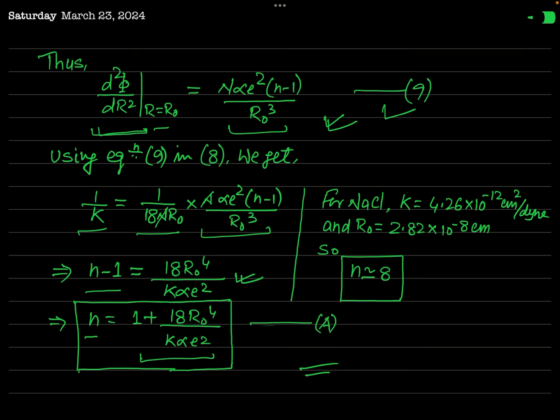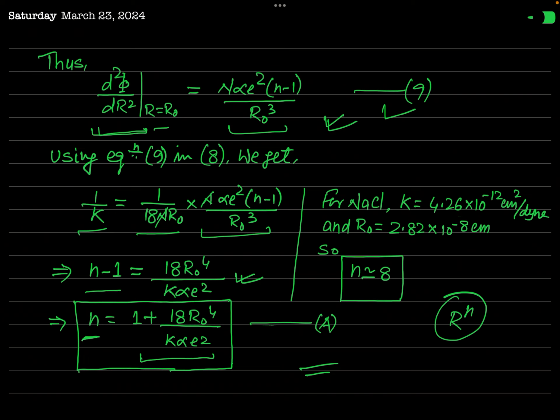This is the value of n, that is the repulsive exponent, because you know this n occurs as power on r in the expression of repulsive force or energy due to a repulsive force of the crystal. So this is called repulsive exponent.